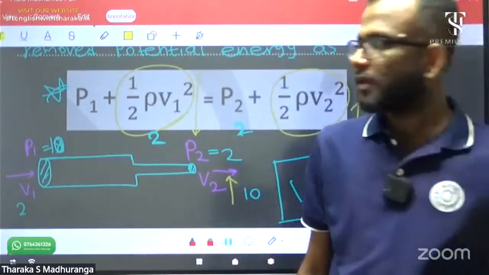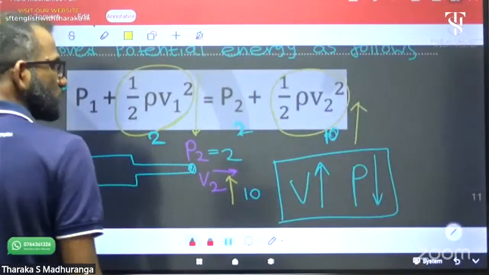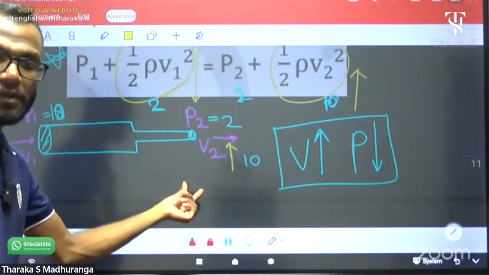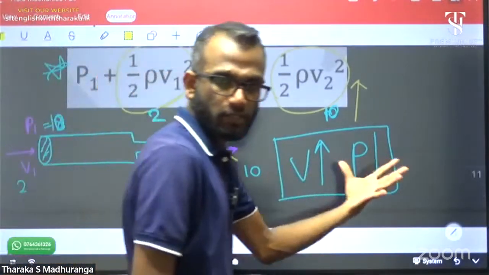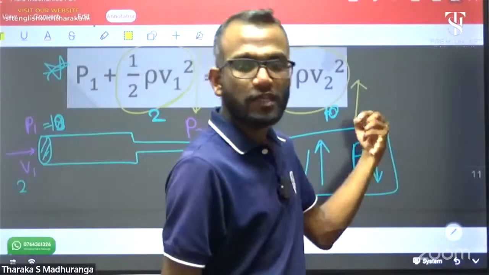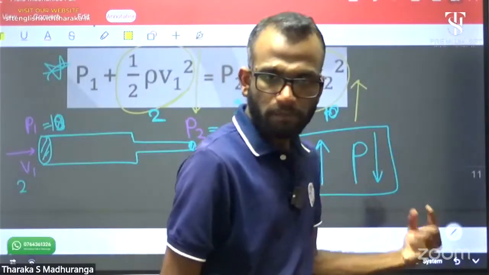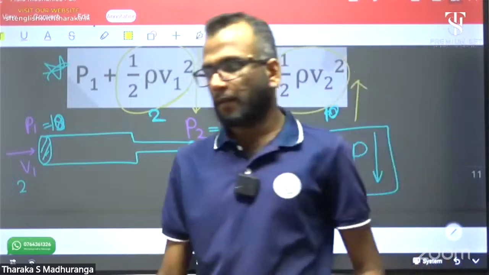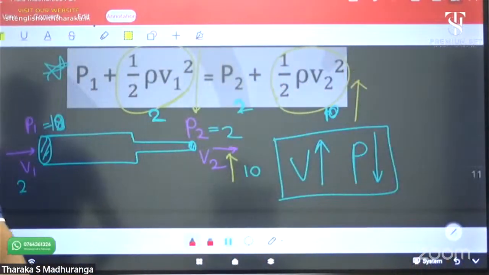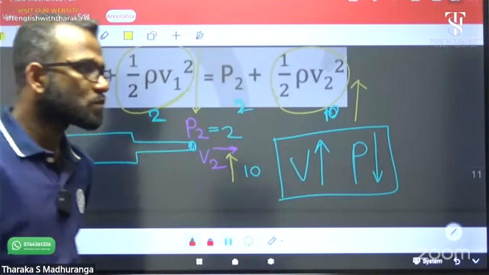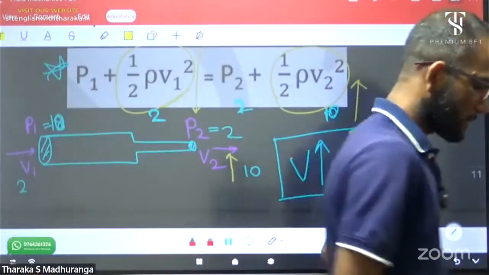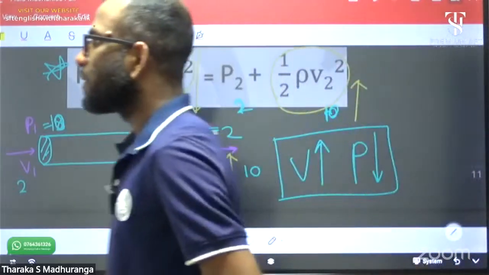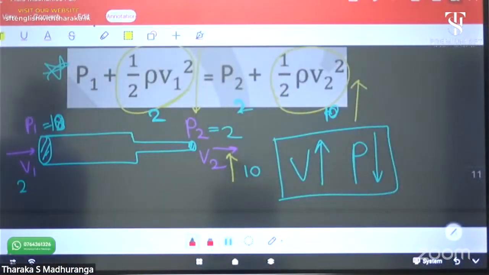If you want, you can note this down. If it is high velocity, its pressure is very, very low, right? Amina, understood?